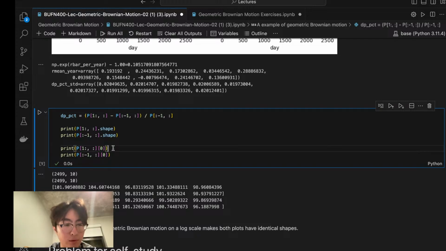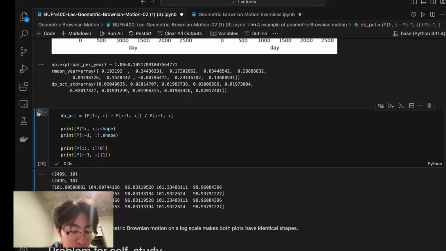I feel like these are prices. What about 1? Oh, wait. I feel like maybe if I do this, they would be the same. So 1. Oh, okay. So this is just some fancy notation.